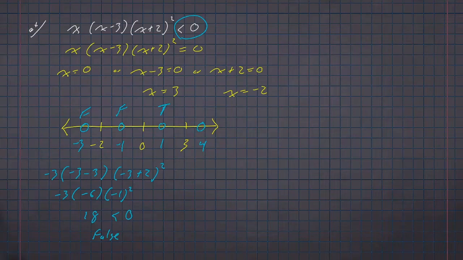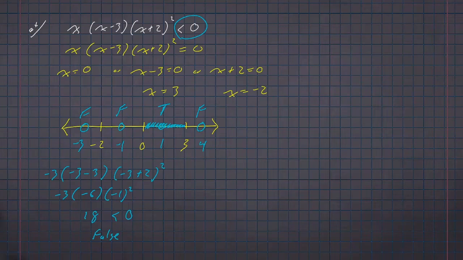And when I plug in x equals 4, I get a relatively large number, 144, which is definitely not less than 0, so we are false in that region as well. The only space where this comes out as true is this part here between 0 and 3.